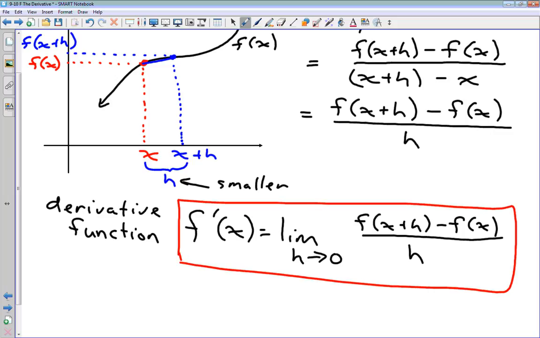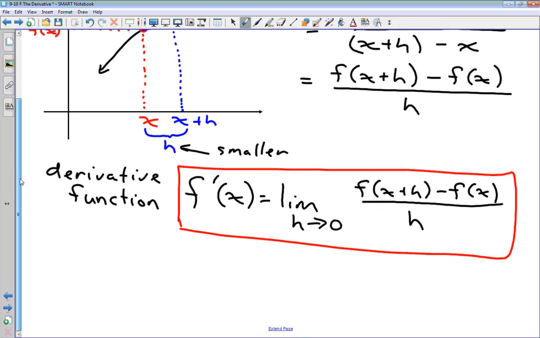This is what is called the first principles definition. And this is like the theoretical foundation that all of calculus rests upon.